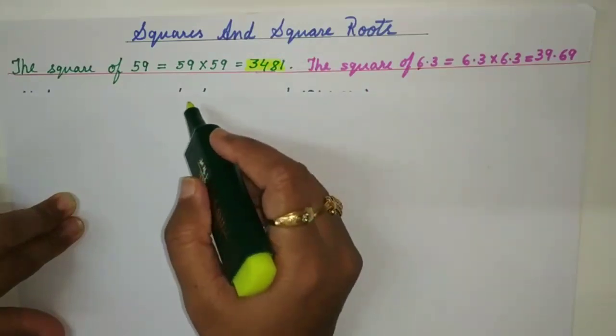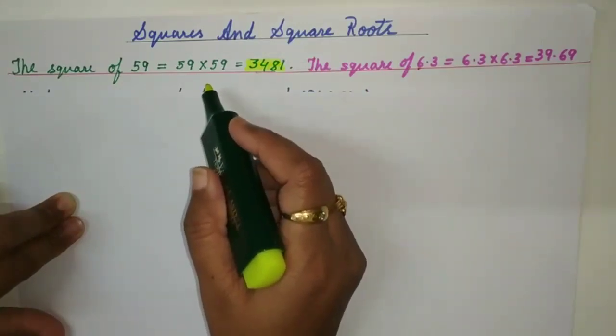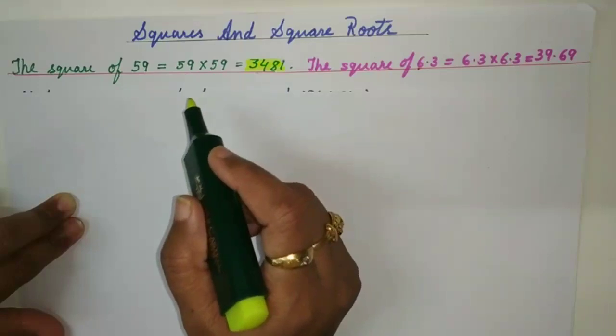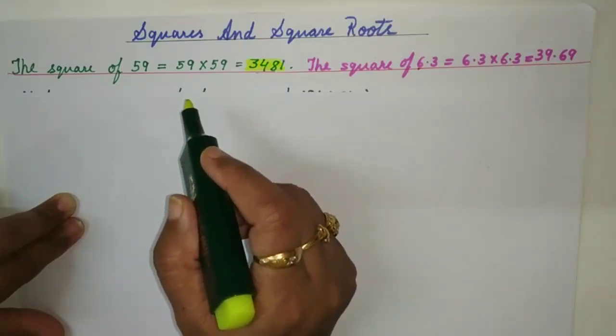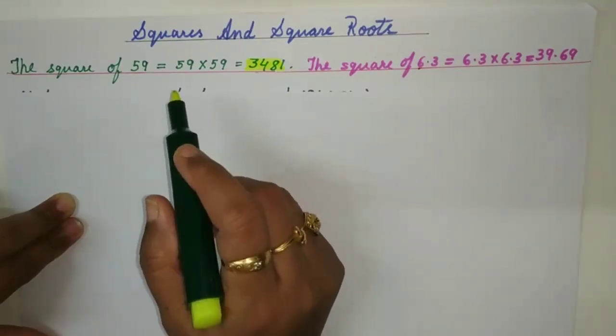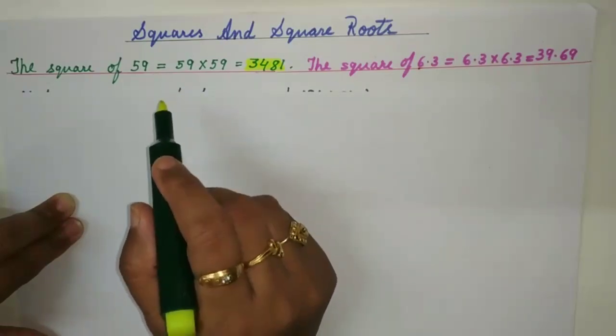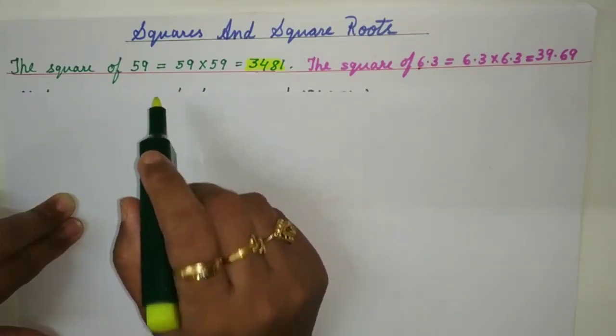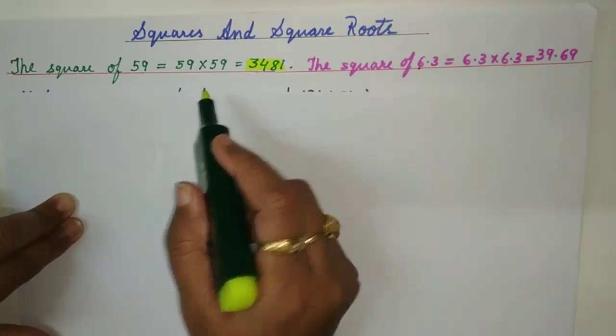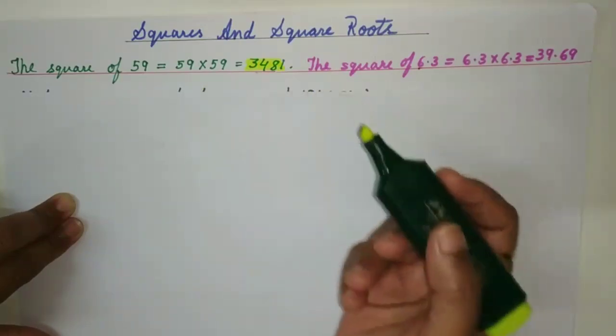If it is a number up to 30, which I had already asked you in the video of exponents, learn the squares of numbers 1 to 30, it will make it easy for you. You don't waste time computing.